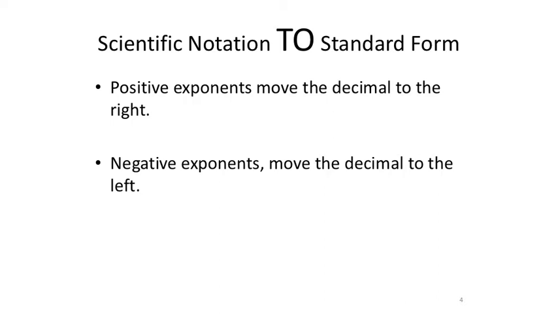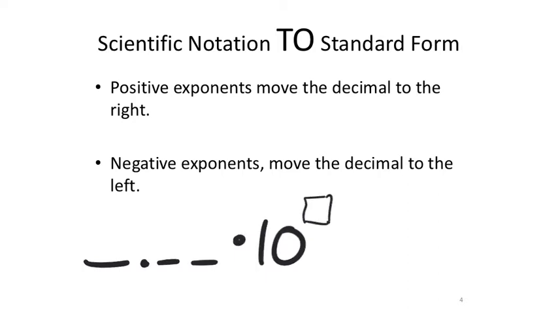So let's look at scientific notation to standard form. You'll have your decimal, and it doesn't matter how many decimal place values there are. You'll always see it multiplied by base 10, and then you're going to have an exponent for your base 10, something right here, okay? If this exponent is positive, that's going to tell us to move the decimal to the right. Positive exponents move the decimal to the right in the decimal part of the scientific notation.